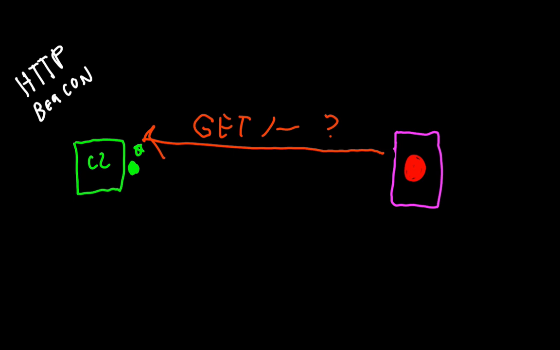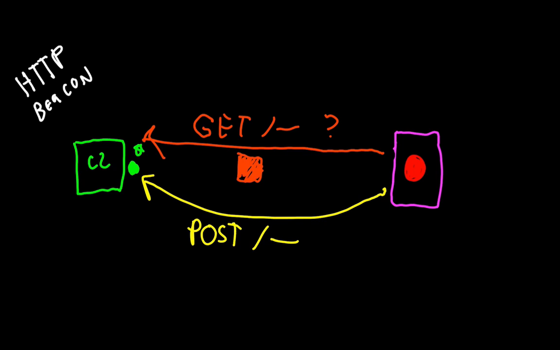And if the server has something for it to do, it will respond with an encrypted blob of data that contains all the tasks for the payload to execute. Okay? Makes sense so far? Now let's say that your tasks generate output, something to send back to Cobalt Strike. The HTTP beacon will follow this up with another request that is actually an HTTP POST.